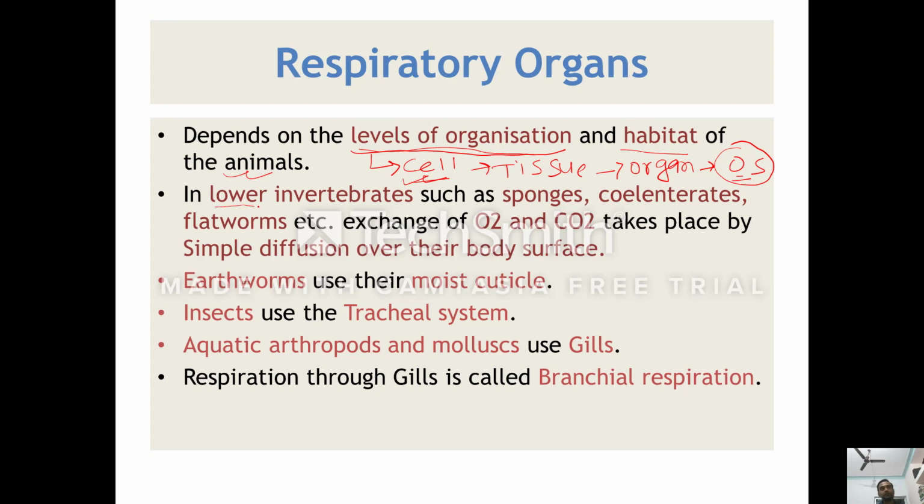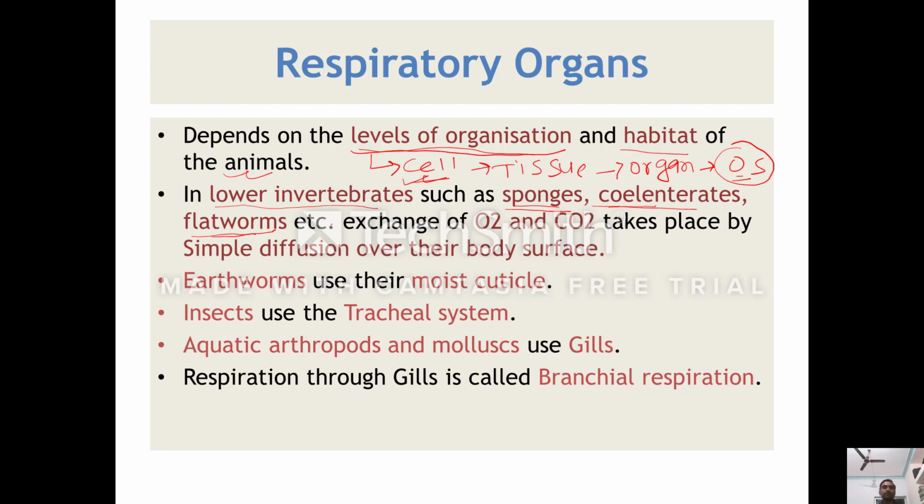If we talk about the lower invertebrates such as sponges, coelenterates, and flatworms, they do not have any specific respiratory organs. Sponges have a cellular level of organization, coelenterates have a tissue level of organization, and flatworms have an organ level of organization.